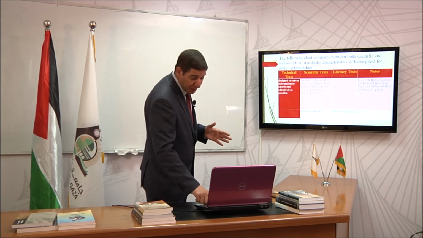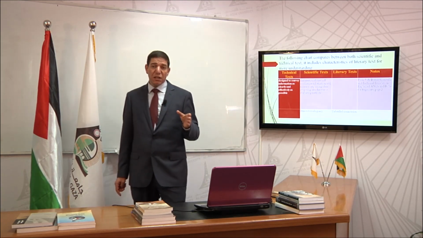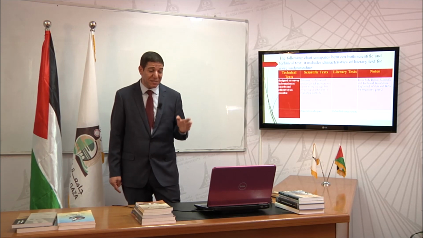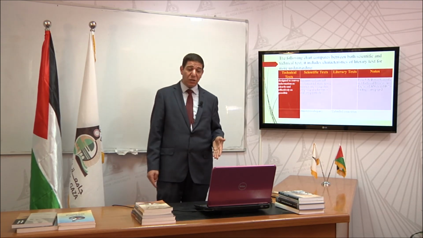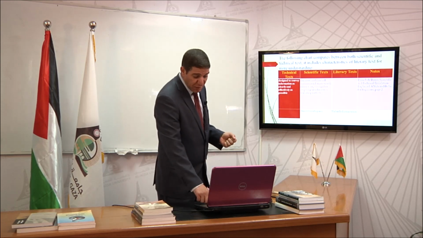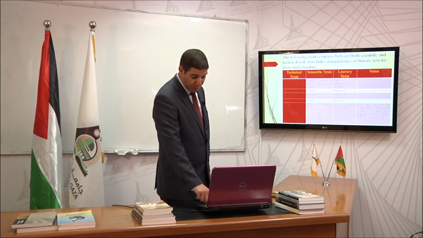We've already mentioned this. These are, in fact, comparisons between technical text, scientific text, and literary text. I just summarized what I have said in this chart, where you can have things more organized, okay?